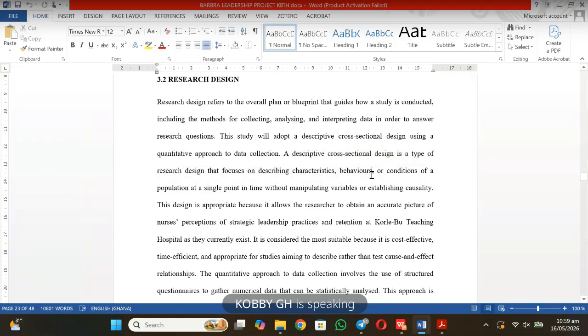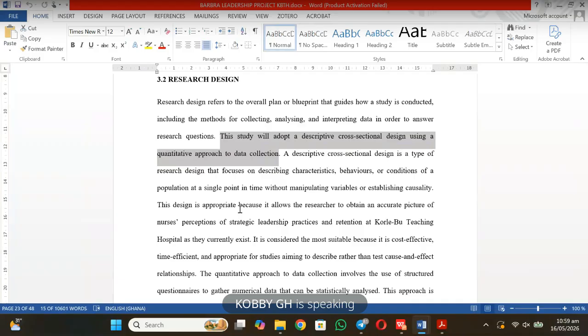The study would adapt a descriptive cross-sectional design using quantitative approach to data collection. So you see the sentence, learn how to construct it too, and you always have to construct it this way. You can't construct it in any other way. So you go like this. The study would adapt descriptive cross-sectional design using quantitative approach to data collection.